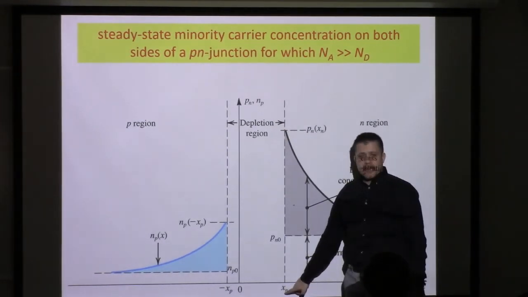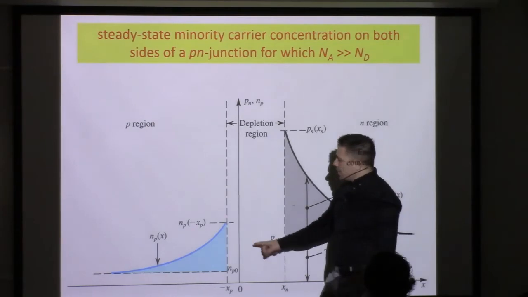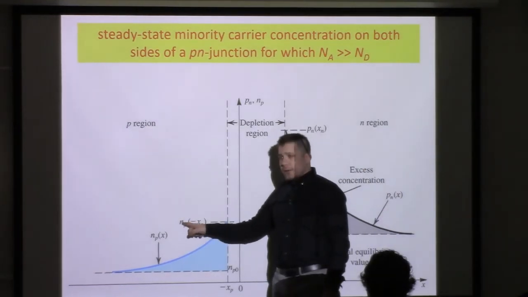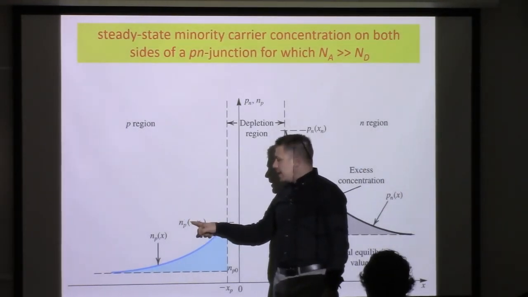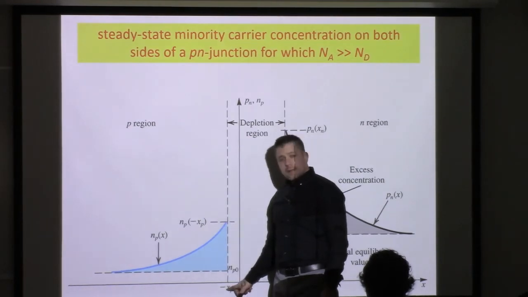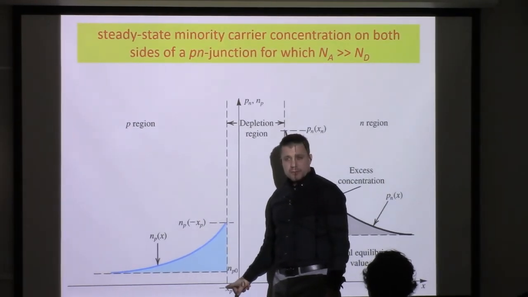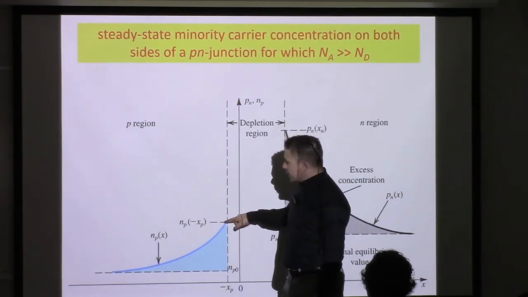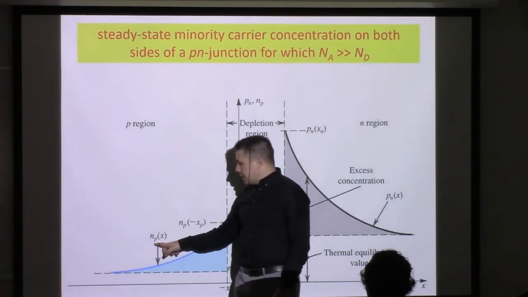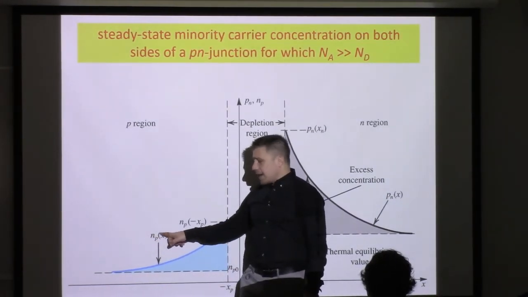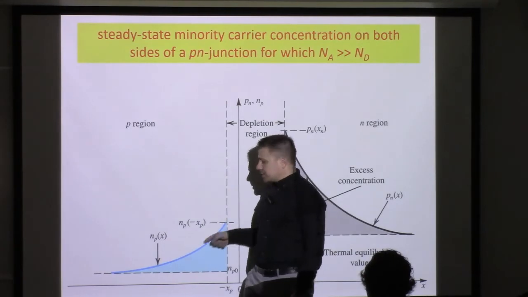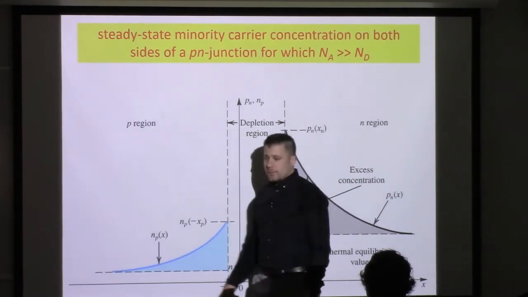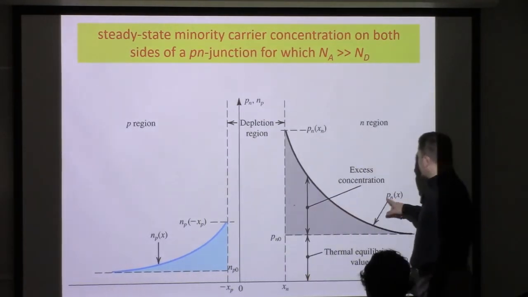Xn is the edge of the depletion region. Same thing over here, Np, minority charge carrier concentration at negative xp, and that's the edge of the depletion region. This is the maximum value, and then from here it goes down. So if you calculate Np at any other value of x, you would expect for it to be lower. Same thing over here.